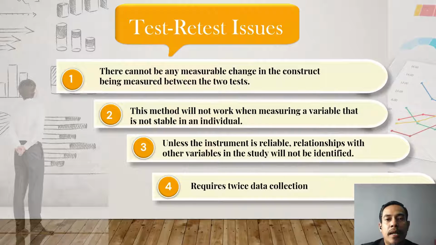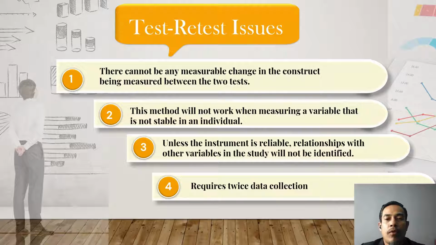Okay, test retest issues. There are a lot of issues doing test retest. Among the issues, there cannot be any measurable change in the construct being measured between the two tests. Here it means that the construct being measured cannot be changed between the two tests that will be conducted. So when we run the test, we cannot change the construct.